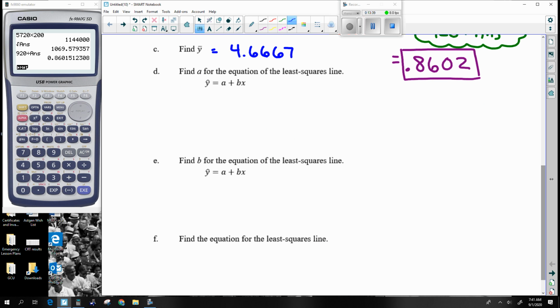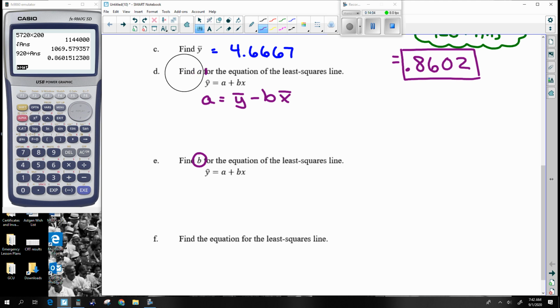Now these next two questions are asking what is A and what is B. Here are the formulas. A is equal to Y bar minus B X bar. So to get the A answer, you first need to know what B is.